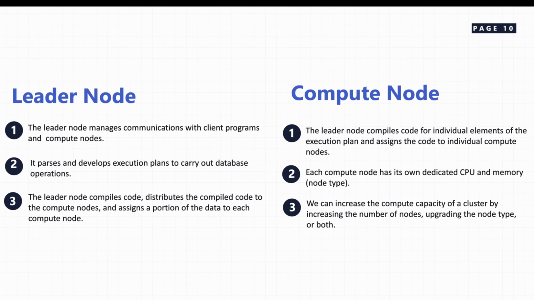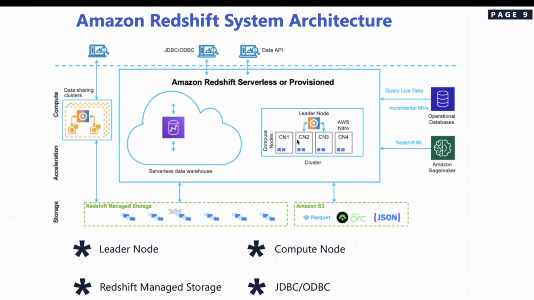Then the leader node compiles code, distributes the compiled code to the compute nodes, and assigns a portion of data to each compute node. Step 1, the leader takes your query. Step 2, it parses your query and develops an execution plan. Step 3, it compiles your query and distributes the compiled code to the compute nodes. Here are all the compute nodes.